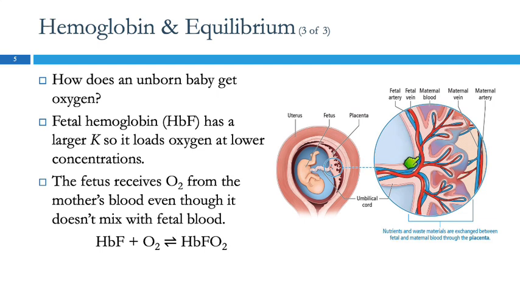So when the fetal blood and the maternal blood come close to each other, the oxygen can be transported from the maternal blood to the fetal blood. And the hemoglobin here will pick up the oxygen at a lower concentration and take it to the baby and distribute it there. So the fetus gets oxygen from the mother's blood, even though the blood doesn't mix. Pretty cool system.